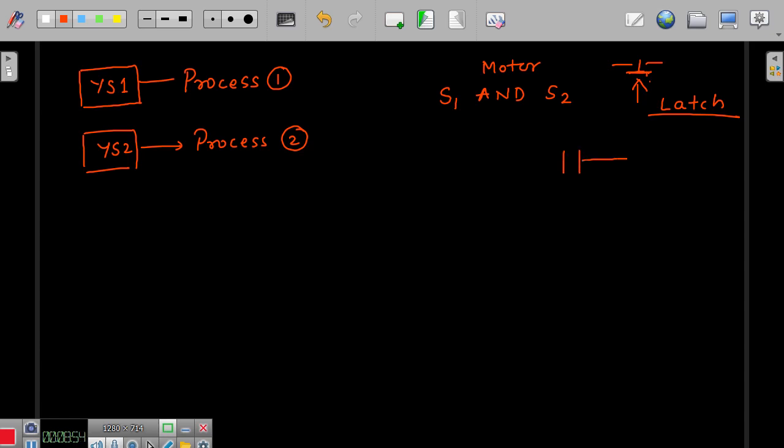This is switch 1 and switch 2. You have got a latch here, and you may have one more switch here which is to turn off the motor, which is a normally closed switch. This is the liquid level indicator, if I am right.